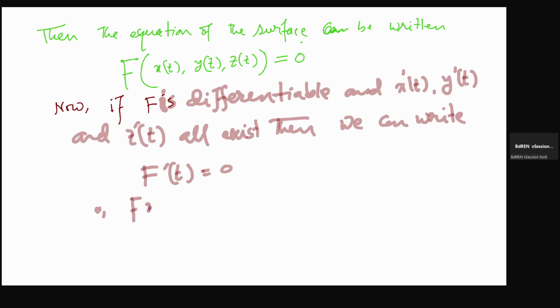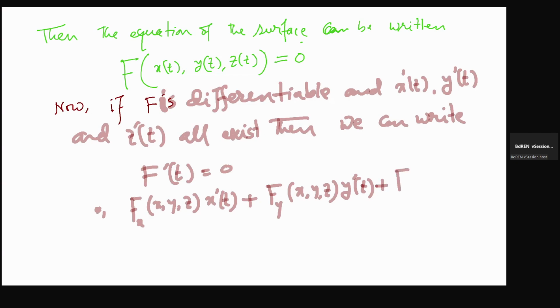Using the same rule, we can write f_x(x, y, z) x prime t plus f_y(x, y, z) y prime t plus f_z(x, y, z) into z prime t equal to 0.